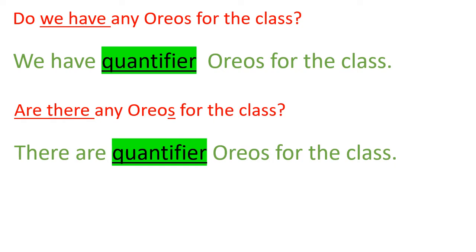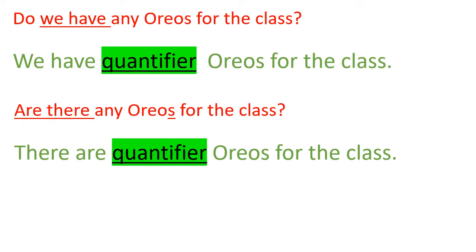And a situation can be different. Okay, it could be a different place or a different number of people. Okay, so the quantifier depends too on the situation. So in this situation, we're talking about the class. We have 26 kids in our grade 3 class.